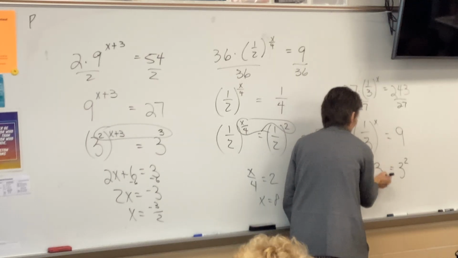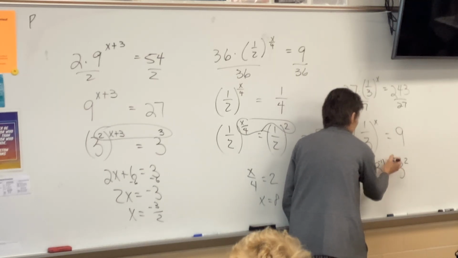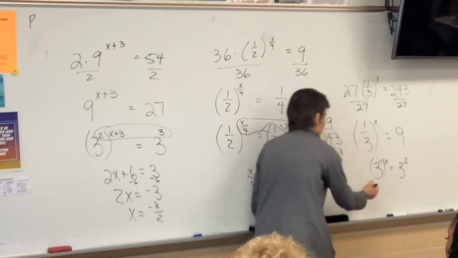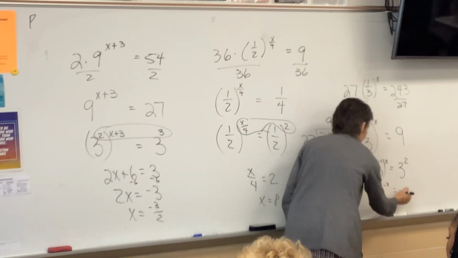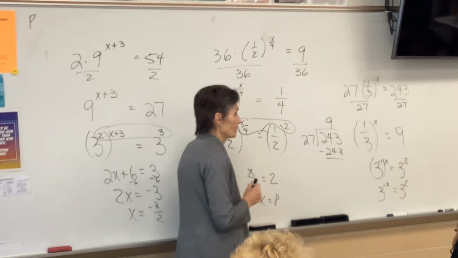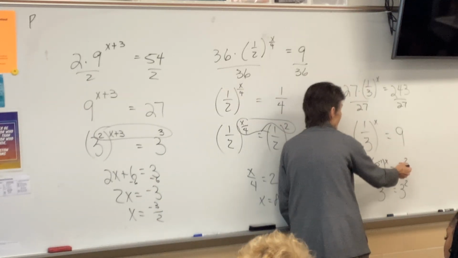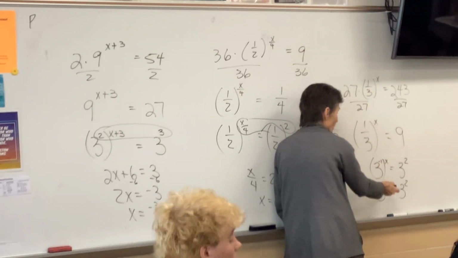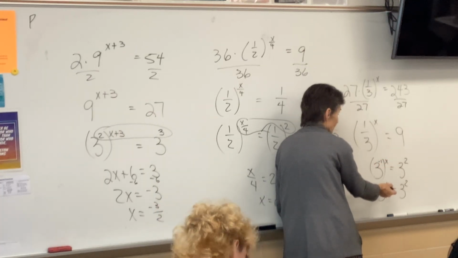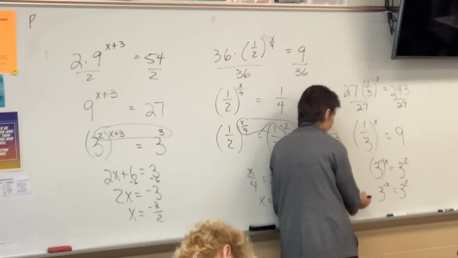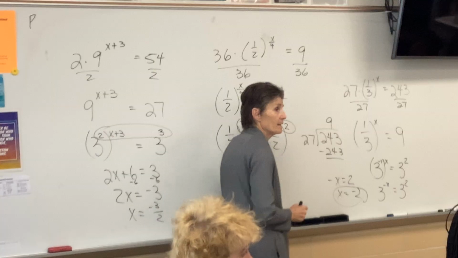So this will be 3 to the negative first to the x, negative x. 1/3 was 3 squared. I wanted this to match, so I flipped it and made the exponent negative. So negative x equals 2 and x equals negative 2.